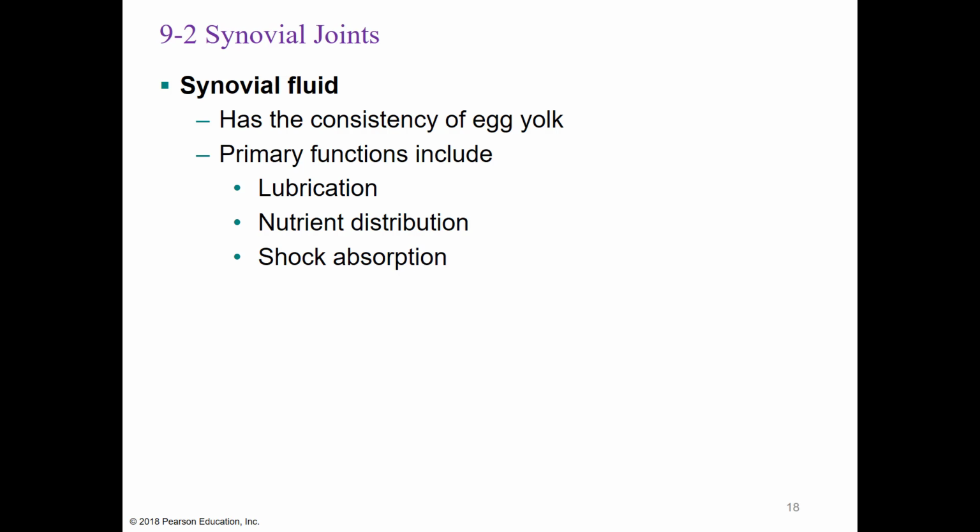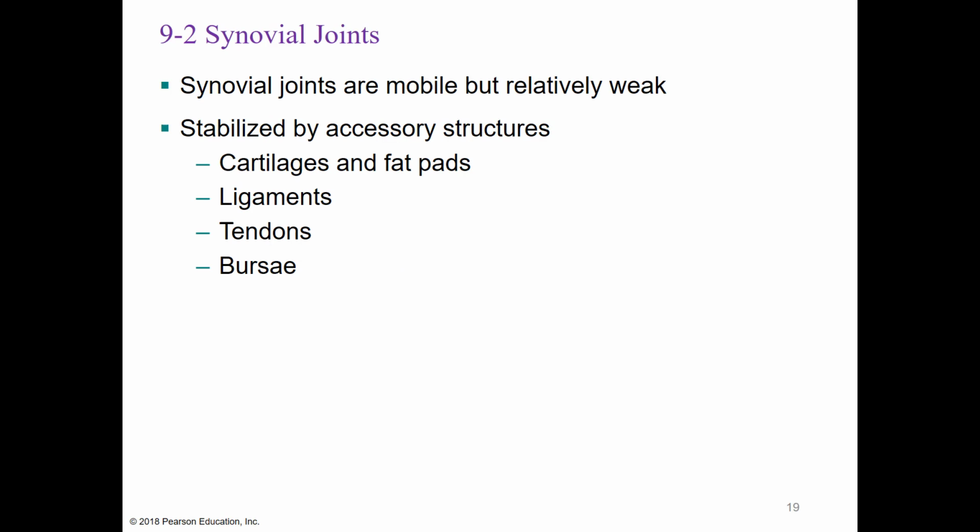Synovial fluid that fills the joint space has the consistency of egg yolk, so it's not really watery and it's not really gelatinous, it's kind of in the middle. And it's mainly going to serve to lubricate, distribute nutrients, and also absorb shock. Synovial joints are mobile, but relatively weak.